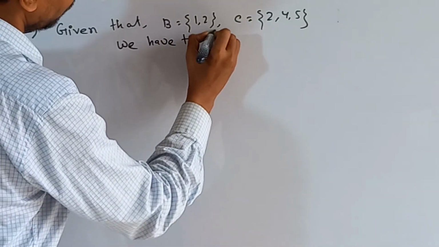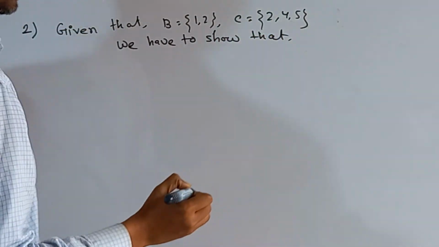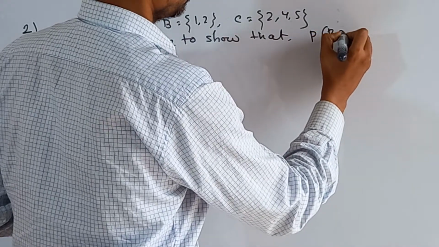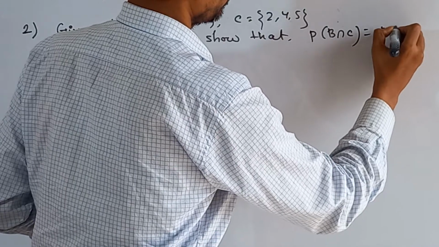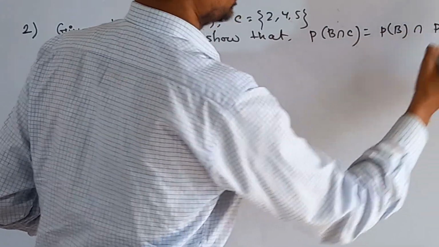Here we have to show that power set of (B intersection C) equals power set of B intersection power set of C.